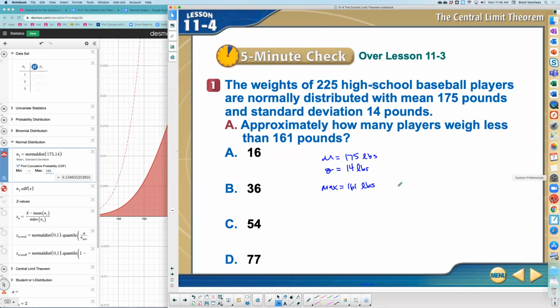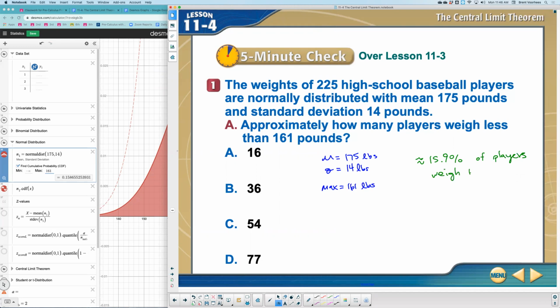Let's just say that's approximately 15.9% of players weigh less than 161 pounds. Now, oh, that's supposed to be a B right there. This number does not show... well, that looks like the right answer there, except it's not.